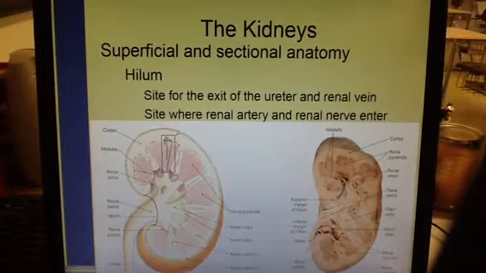Again, this seems a little weird to talk about all of this anatomy before we understand what each thing does, but once we go through, it will make more sense that each section of the kidney needs to have the blood flowing through it, because that's its source of the blood that needs to be filtered, but it also has to have a collection of urine that is being produced.